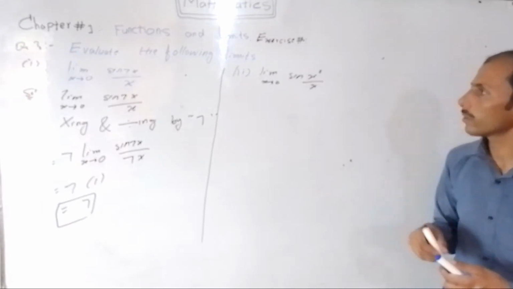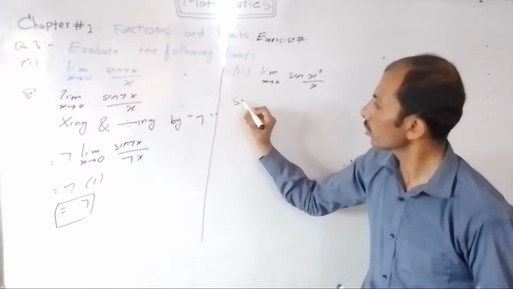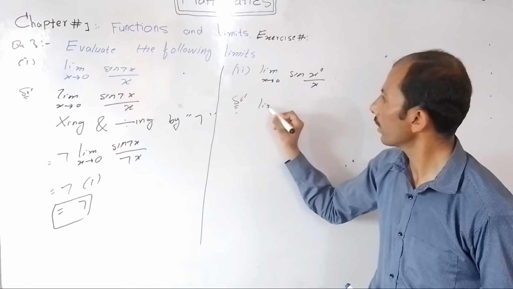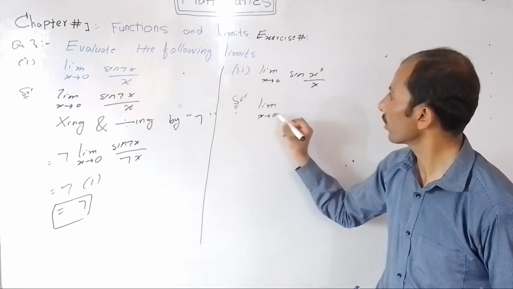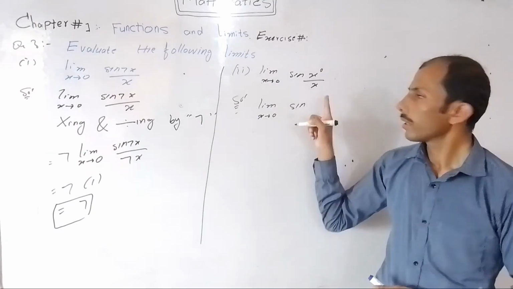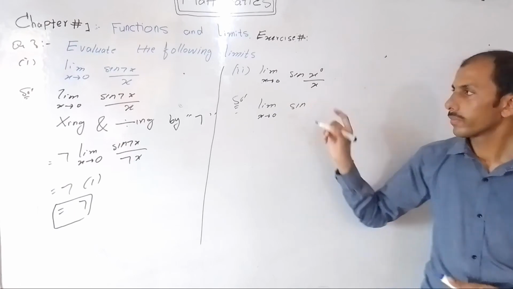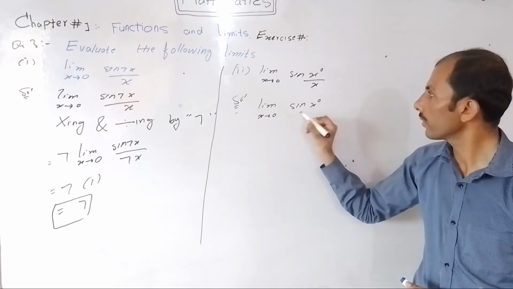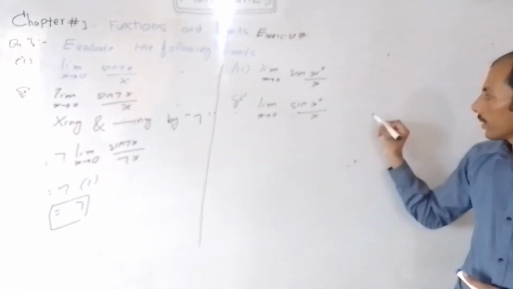Solution: limit x approaches to 0 of sin x degree divided by x.